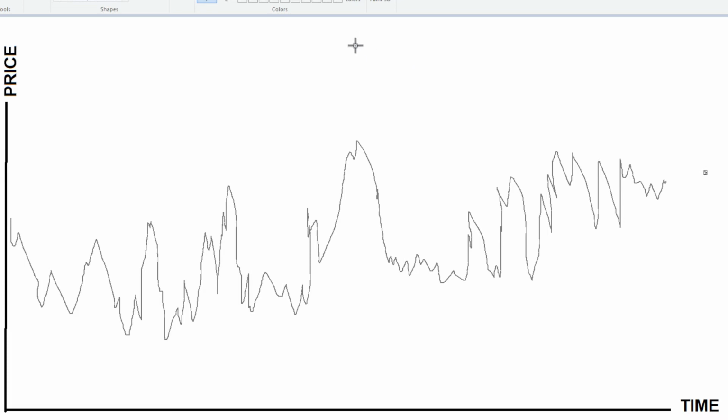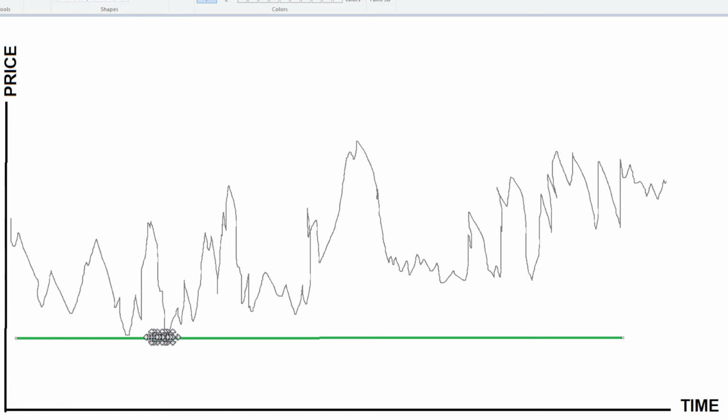So when you see or read the term support, what do they say? Well, at the most basic level, this, for example, is a support line, meaning that at this price, whatever it is, the price per share has not gone in this entire time below that price.